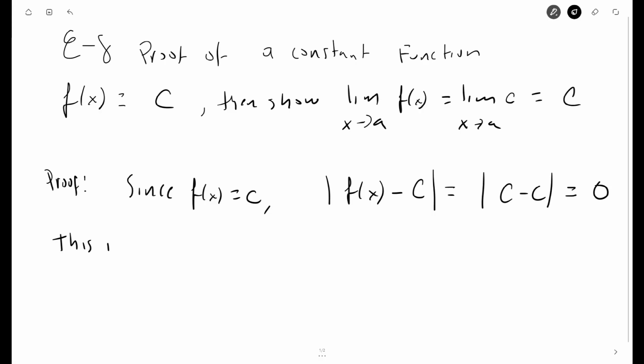This is true for any small epsilon greater than 0.